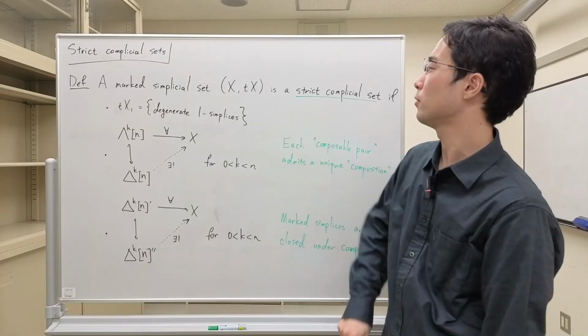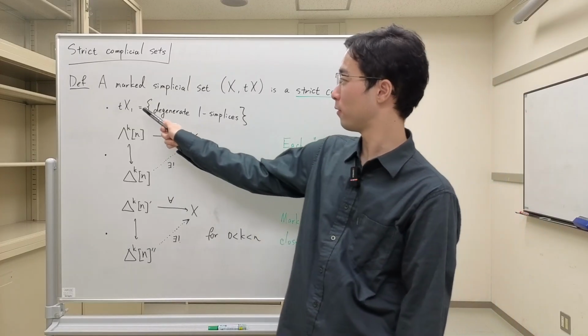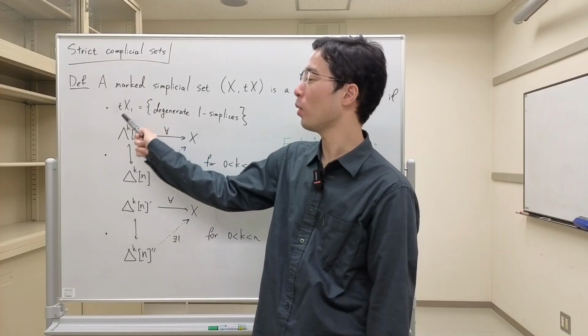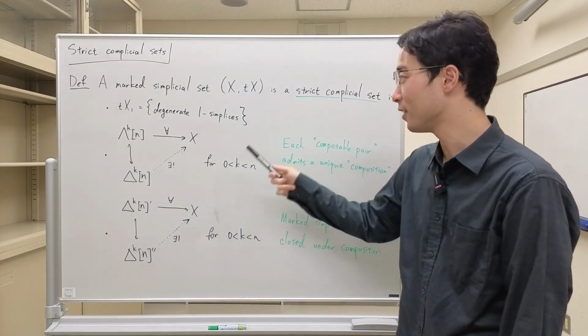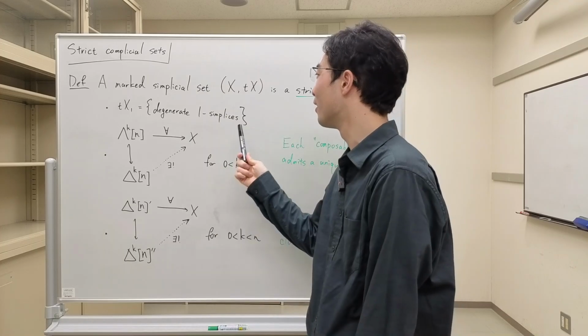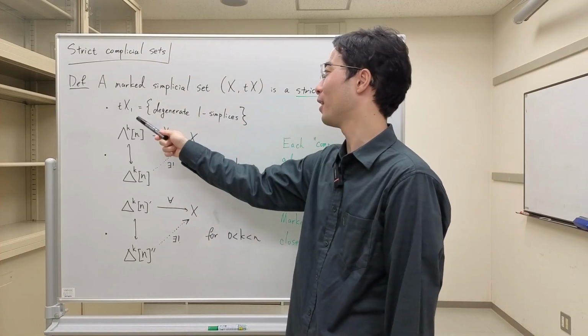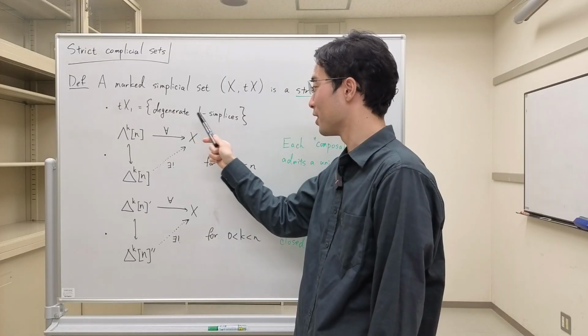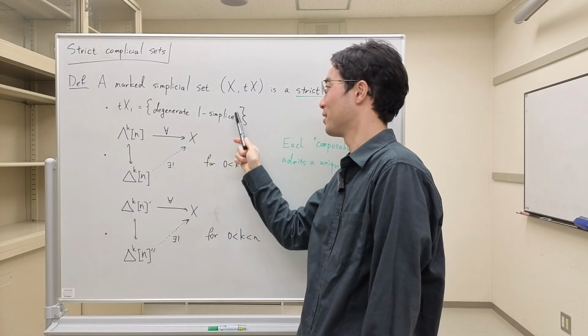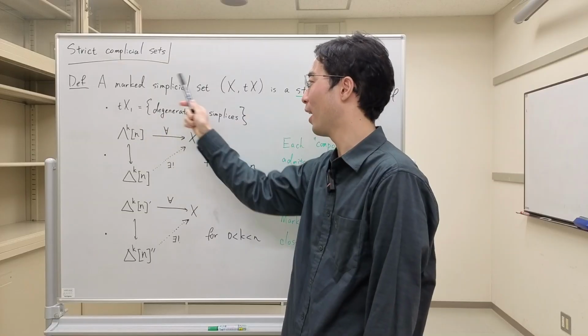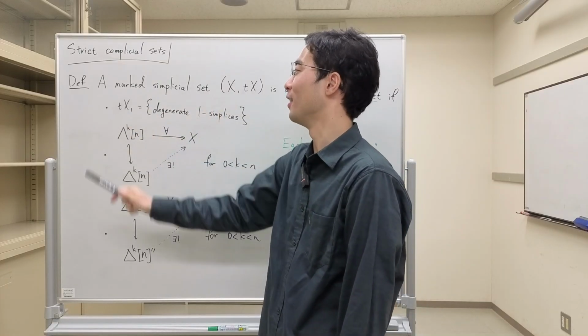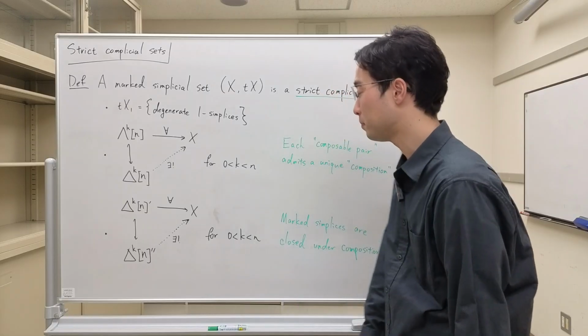If we want this TX1 to be the set of identity one-cells, then this is just saying that all degenerate one-simplices correspond to identities, and there are no more identities in your category.